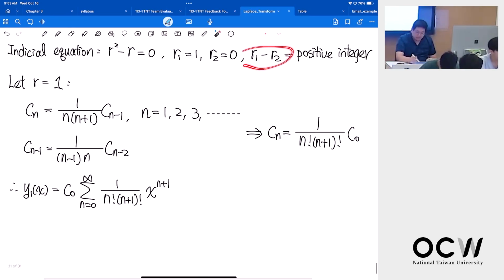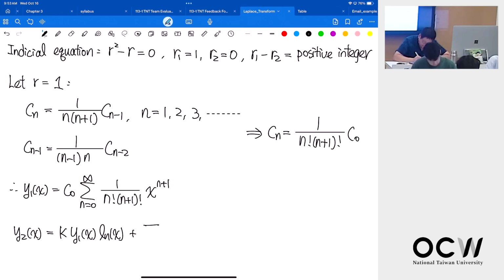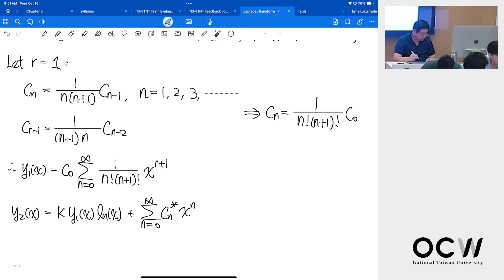Since the difference of the roots of the indicial equation is a positive integer, my second solution y2 will be k y1 natural log of x plus summation n from 0 to infinity Cn star x^n. Then again, you need to bring this back to the original equation here.